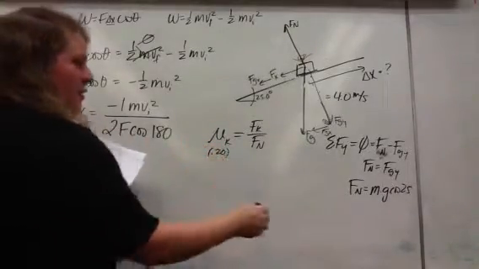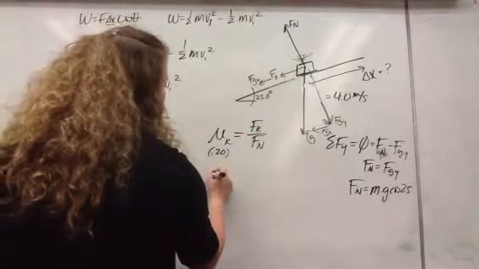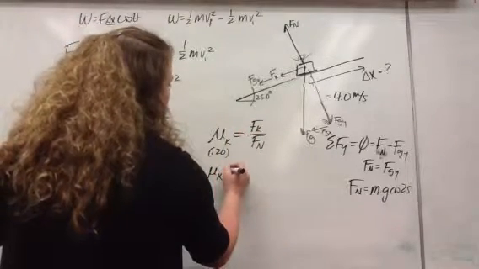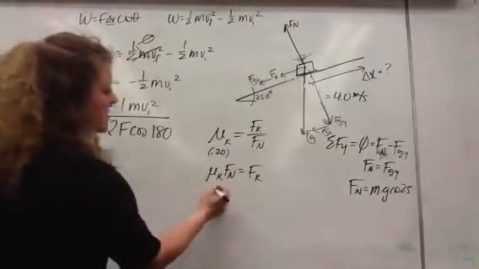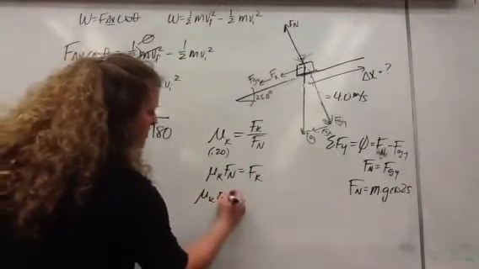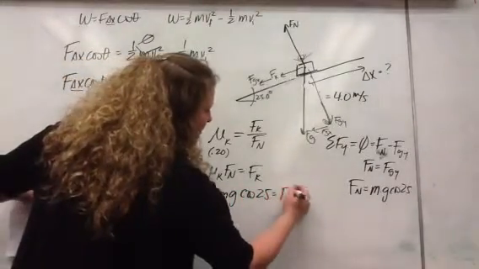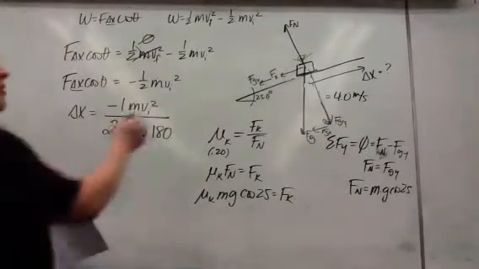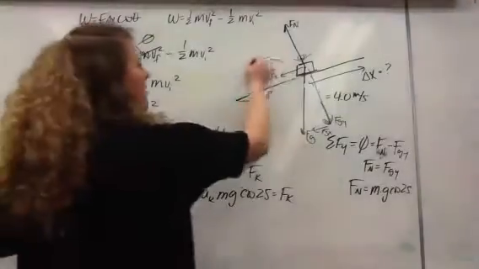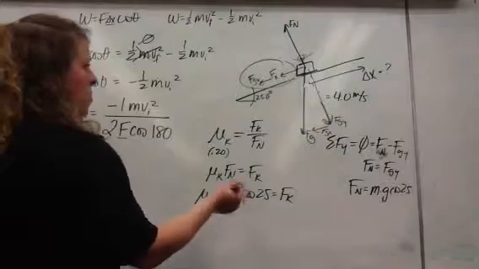Okay, so we've got that. Let's go ahead and solve for f of k. So mu k Fn equals f of k. So mu k times mass times gravity times the cosine of 25 equals f of k. We know that this force is equal to the sum of the force of gravity on the x plus the force of kinetic friction.